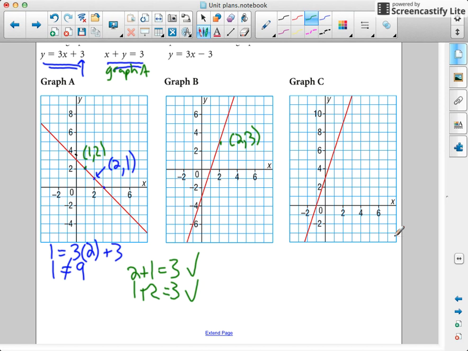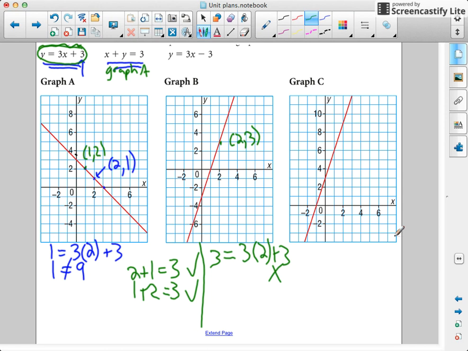Let's try this first equation for graph B. So my y value is 3, so 3 equals 3 times the x value of 2, and then add another 3. Well, I know that that's not true either. That doesn't work. So I know that graph B is not that equation right there.